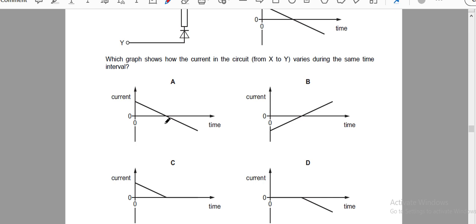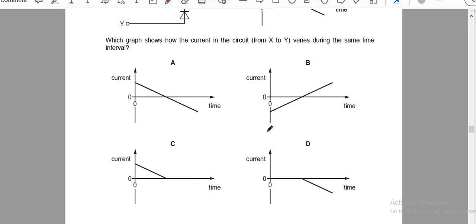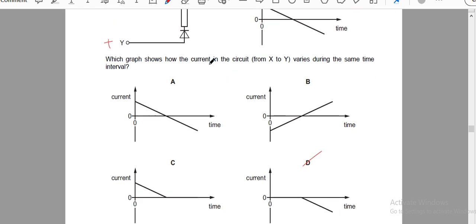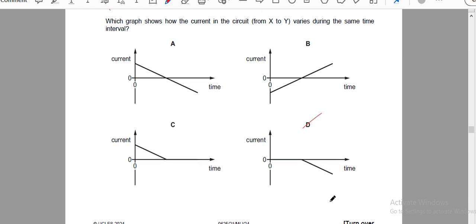So we do not expect this graph, we do not expect this graph, and this, so the true answer is D, because at the first part the current is 0, which is the case here, and at the second part, when the difference between X and Y is negative, which means that X is negative, so Y is positive, so current can flow, and as the voltage increases in the negative direction, we can find the current increases also in the negative direction. Okay.